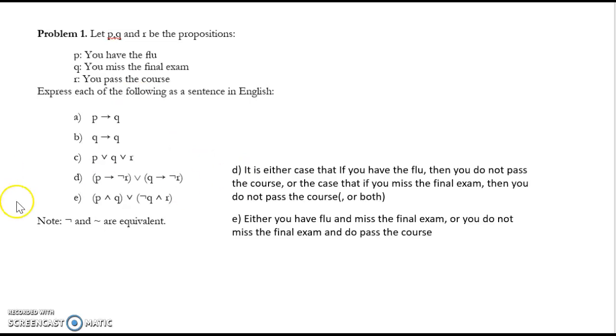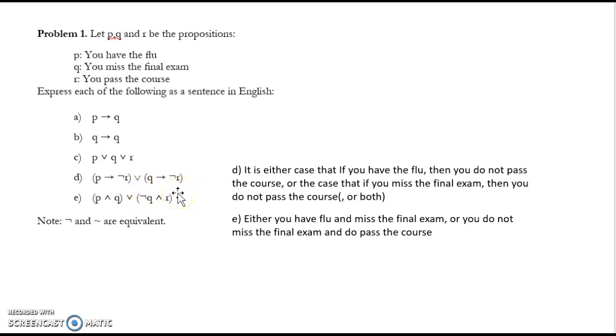For D and E, I've written it out so I can deliver this accurately. You would see the first and the second inferences are connected by this symbol, which stands for and. This stands for or. So it'll read as either the first case in the first parentheses, or the second case in the second parentheses.